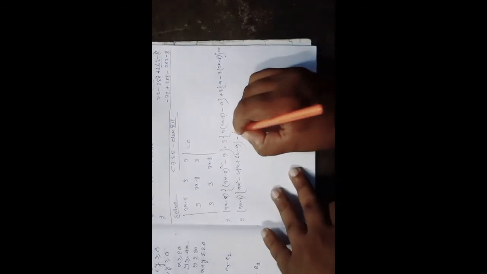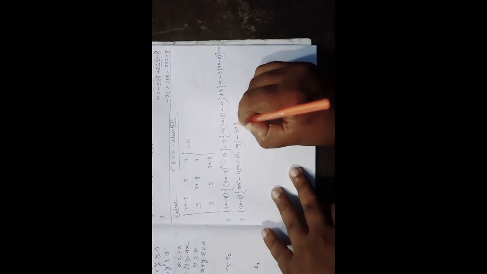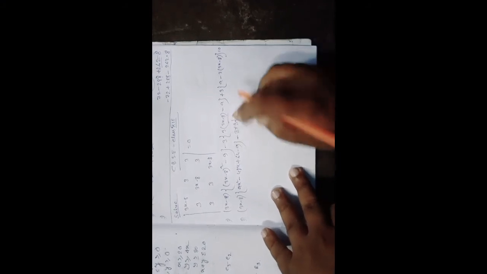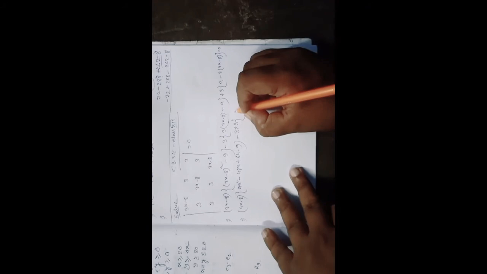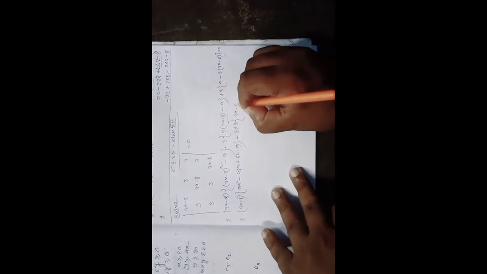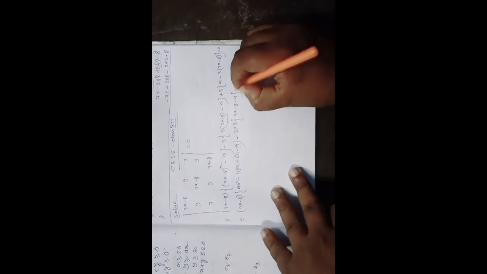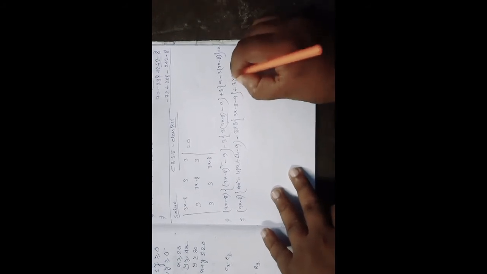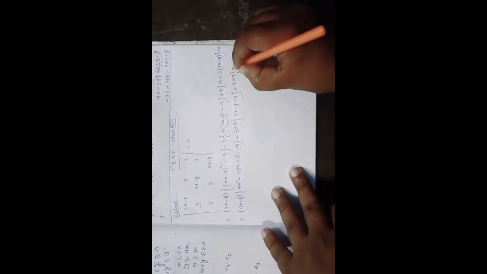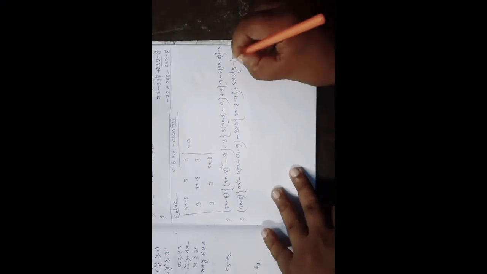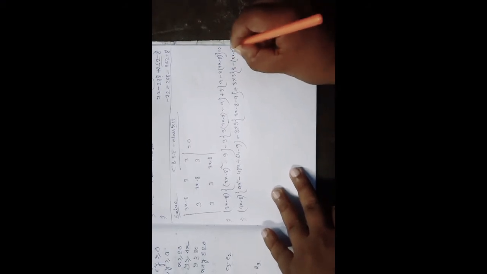We write that if we take 3 common over here, 3 into 3, then this can be written as 3x minus 8 minus 9. Again taking 3 common over here, 3 into 3, we are getting 3 minus of 3x minus 8.